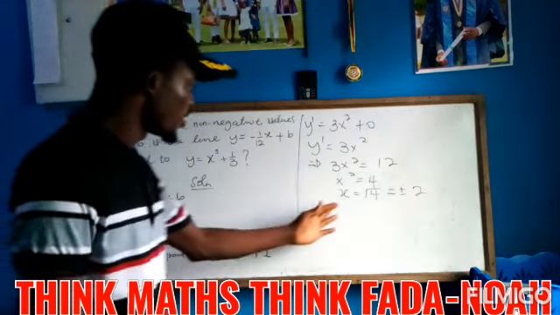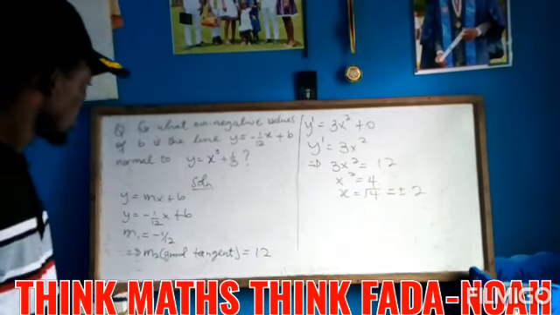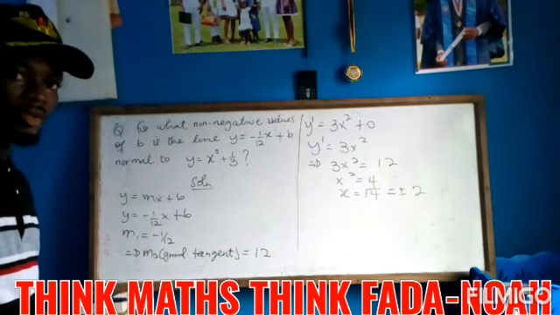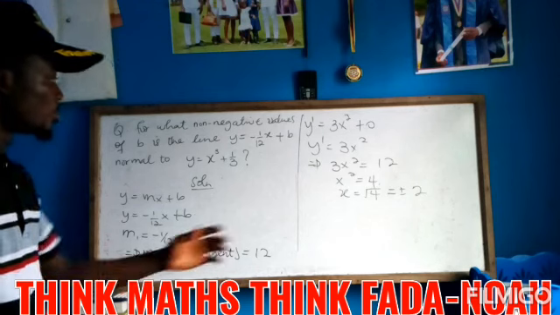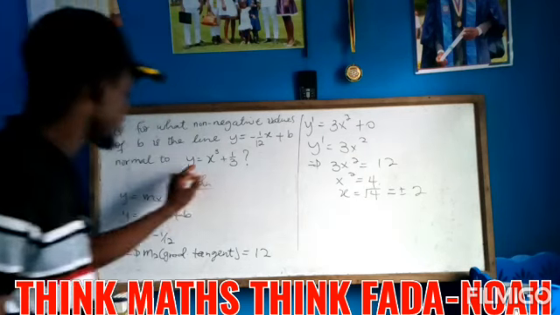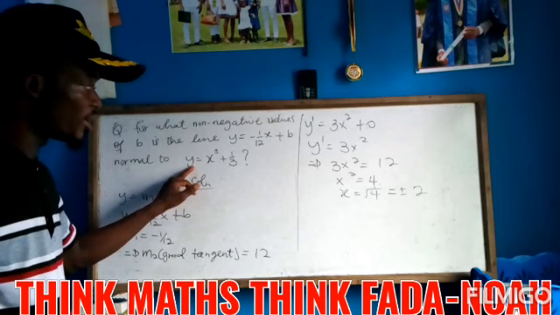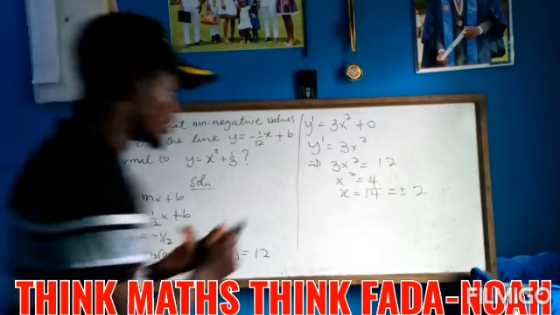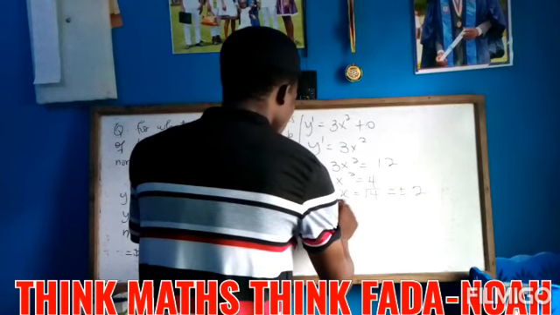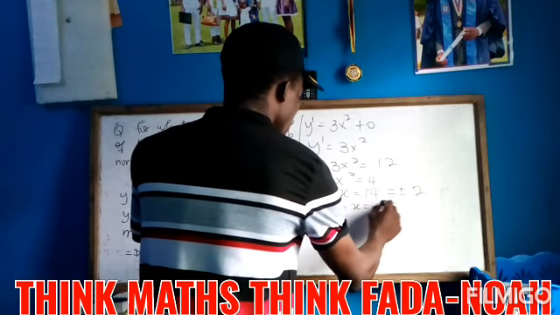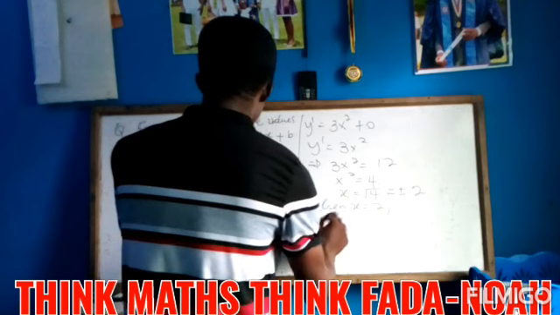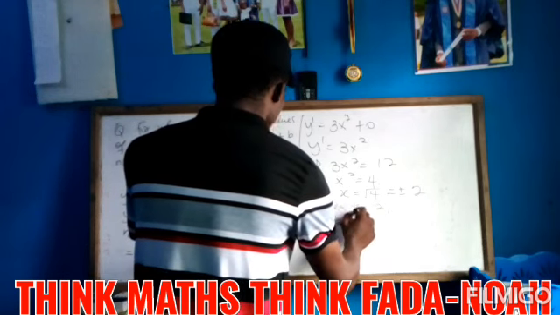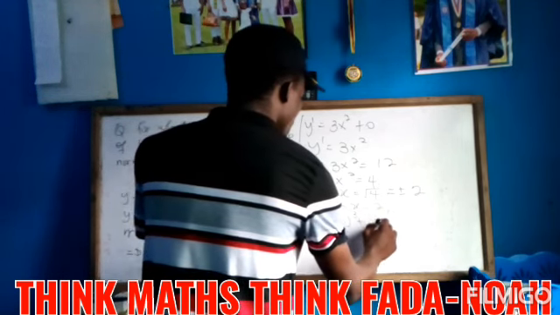Alright, now we have the x values and we need the corresponding y values. So we take each value of x and substitute it into the equation of the curve to find the corresponding value of y. When x equals 2, our y will be equal to 2 cubed plus 1 over 3.